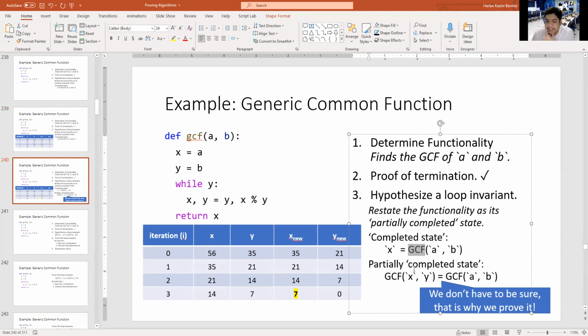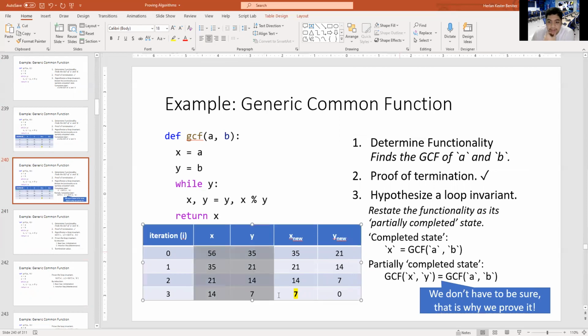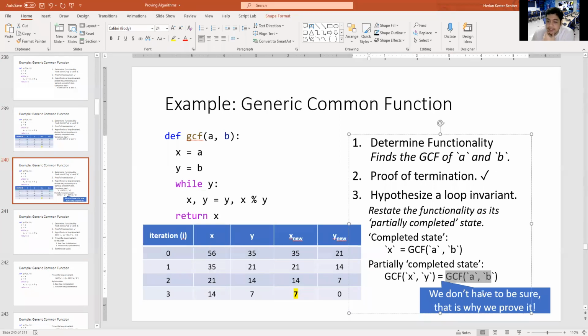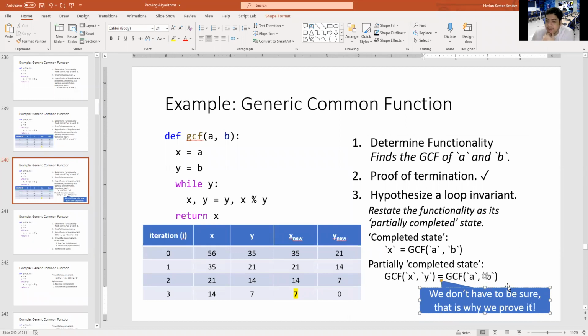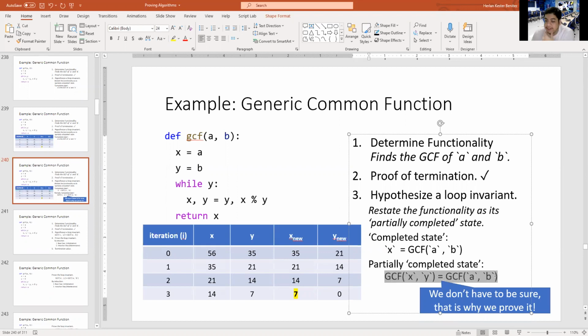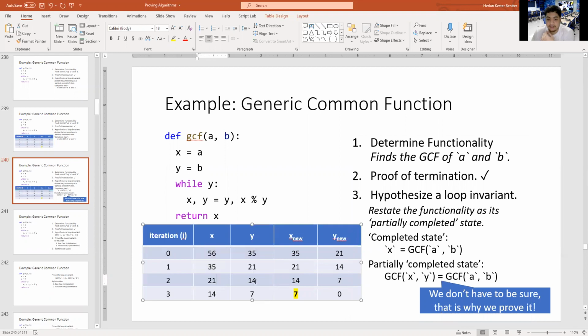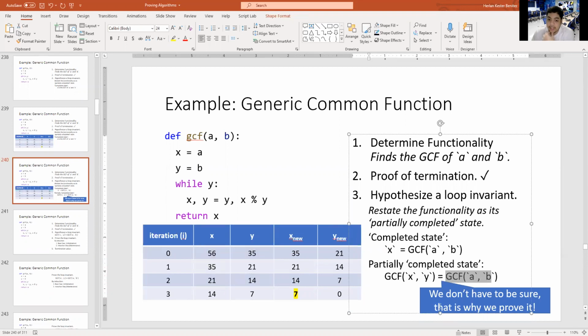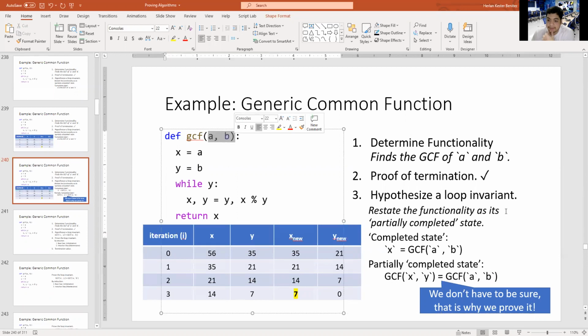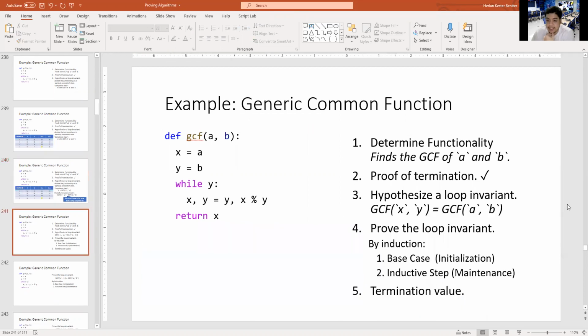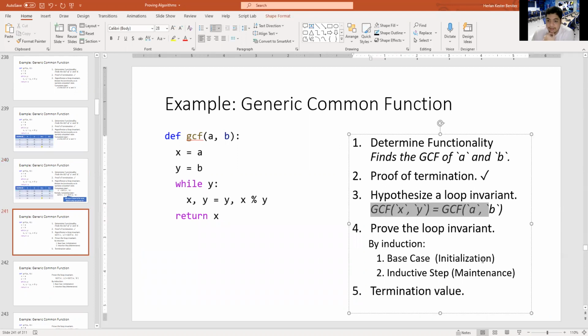So yung partially completed state natin is the GCF of x and y at any point dun sa loop is also the GCF of A and B. And sabi ko nga dito, you don't have to be sure as of now. And yun nga, yun yung dahilan kung bakit natin ipoprove yung loop invariant. So at this point, we have reason to believe na yung GCF ni x and y at each iteration ng loop is also the GCF of A and B or yung original na inputs. So yun yung ilalagay natin as our loop invariant.